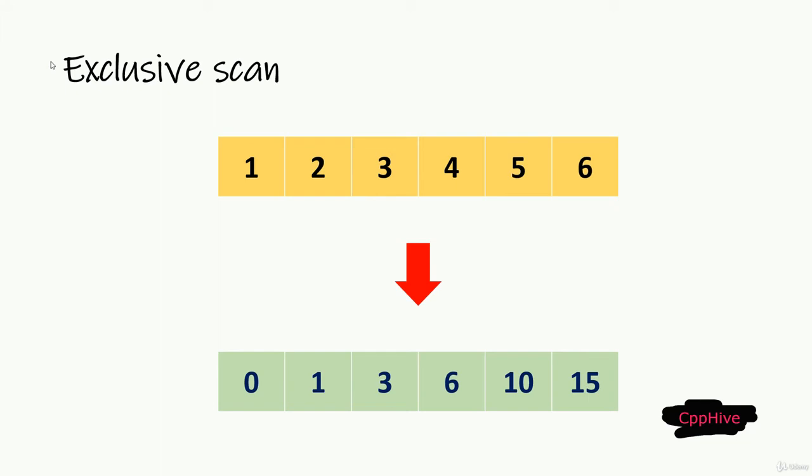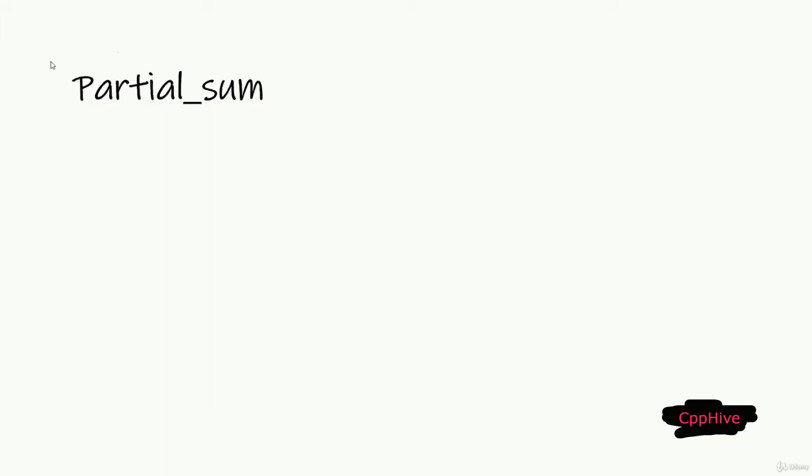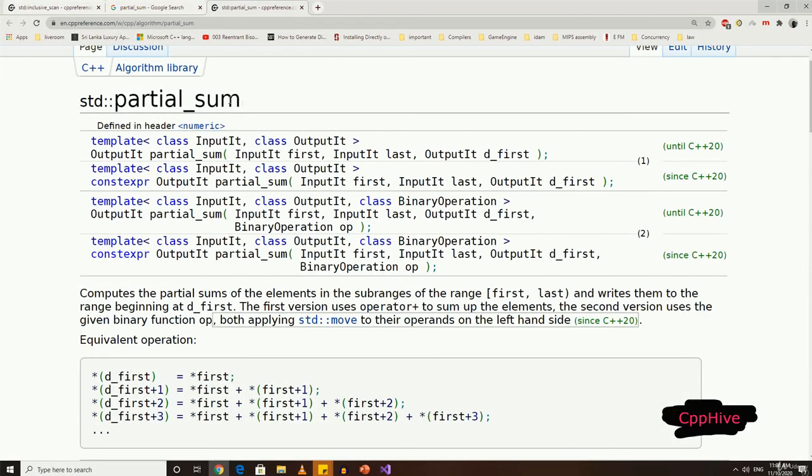Now how about partial sum? Well, partial sum is also exactly similar to inclusive scan when we are using it with the default add operator. Let me elaborate on this. The STL prefix sum implementation takes an optional operator as an argument.